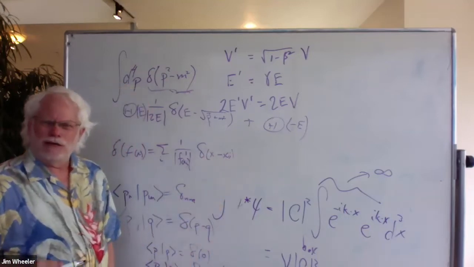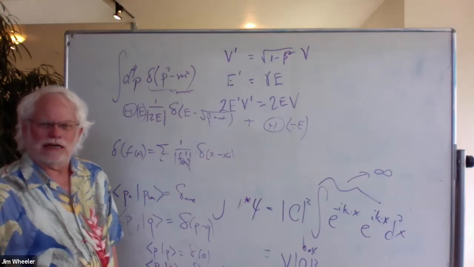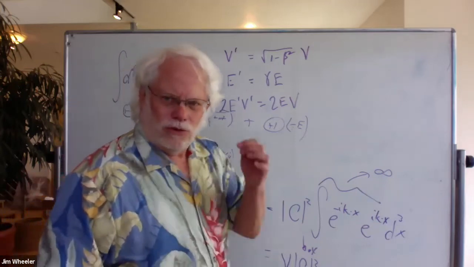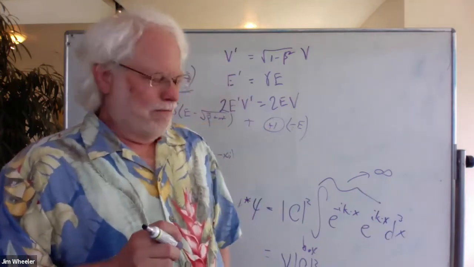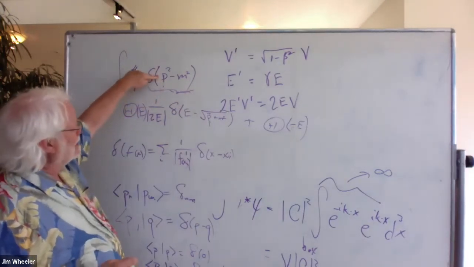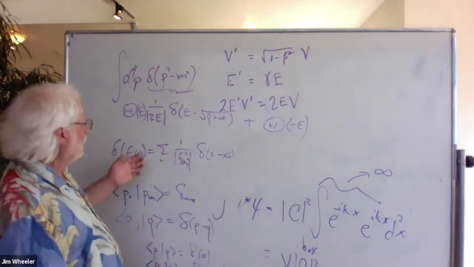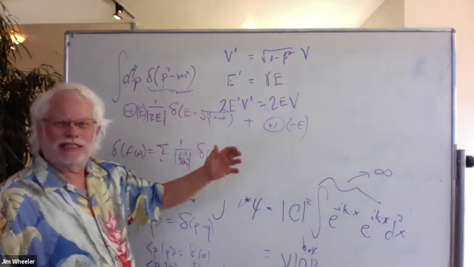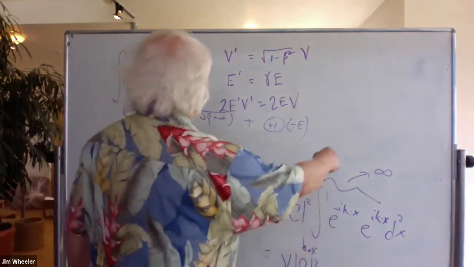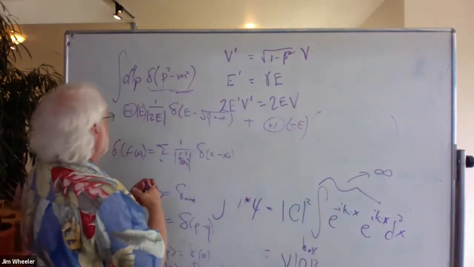Have you all had a chance to prove that identity for delta functions? I think I've asked you to do that, and other people have probably asked you too. So if you haven't done it, go do it. So I'm just using that, right? This has an E squared in it. 2E is the derivative of E squared. So that's all I'm doing. And then there are 2 roots, positive and negative, and the same kind of factor here with a plus sign.